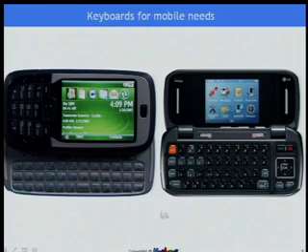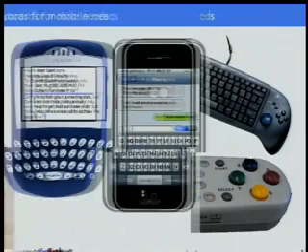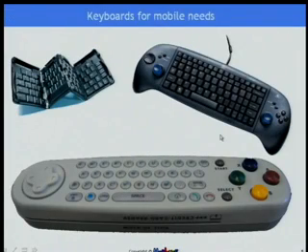If you became familiar with this one, you will have to practice a lot to become familiar with that keyboard. These are other examples of the same kind of keyboard, but they are different, with small sizes and different variations.